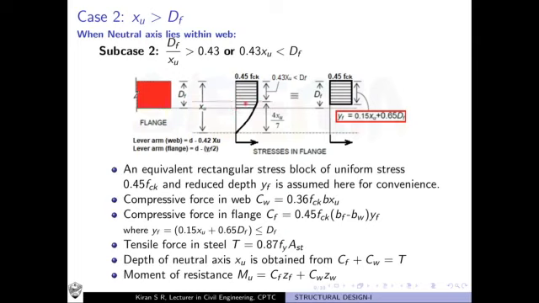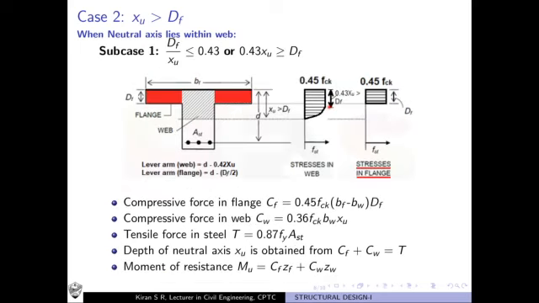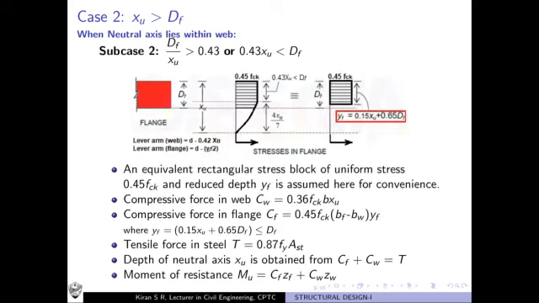So for our convenience, in the flange portion we are defining a new stress distribution, which is rectangular in shape like the previous case itself, so that our analysis becomes easy. Everything else is the same.